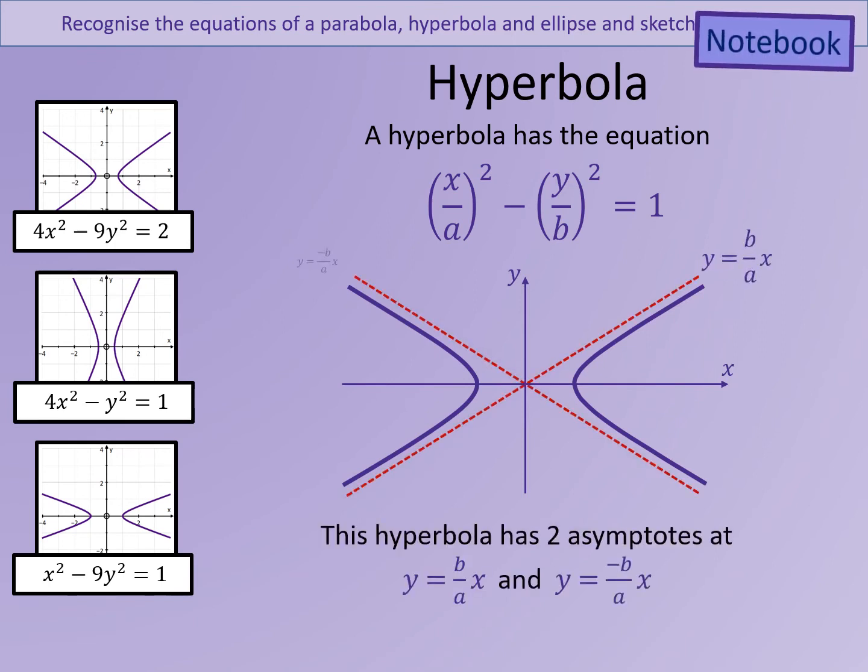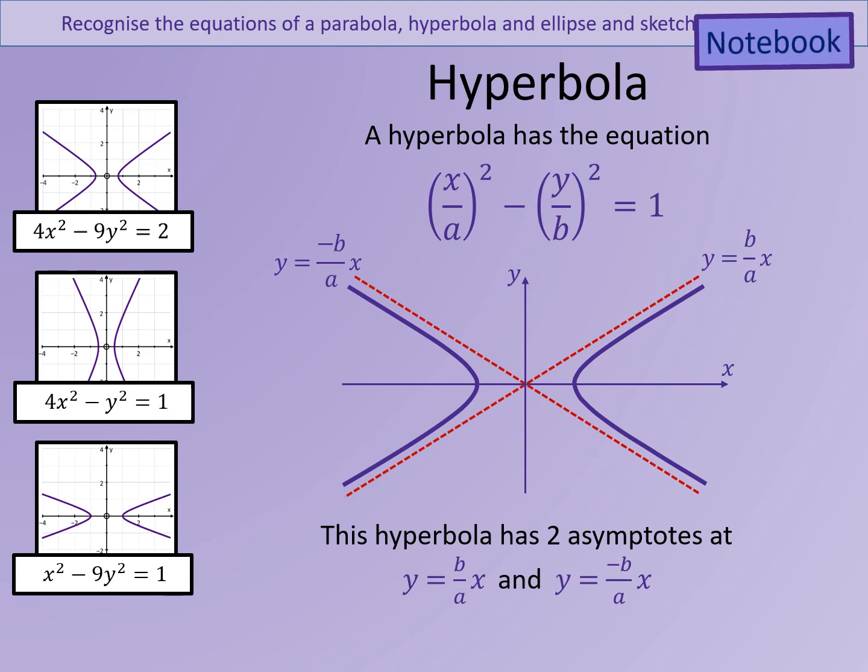This hyperbola has diagonal asymptotes. The equations of these asymptotes can be found using the values of a and b from the equation. The asymptotes are y equals b over a times x and y equals negative b over a times x. So we can see that the asymptotes always go through the origin, and they are also reflections of each other in the y-axis.